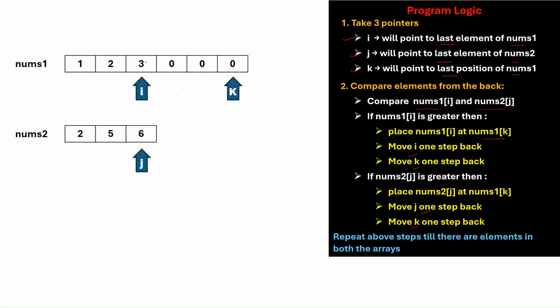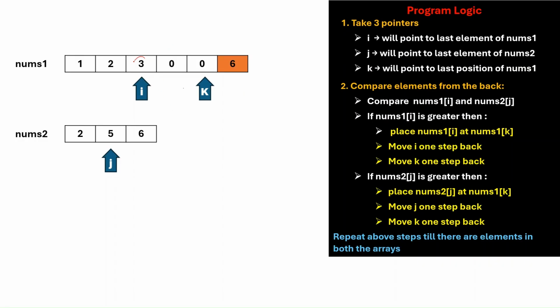So let's see. Nums1 i is 3 and nums2 j is 6. So we'll compare 3 and 6. 6 is greater, so we'll store 6 at this position and then we'll move j pointer and k pointer. So see here, I have kept 6. Now I will move j pointer and I will move k pointer. Now again we'll repeat the same step.